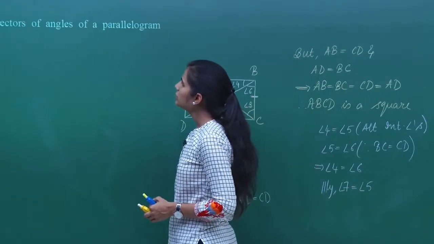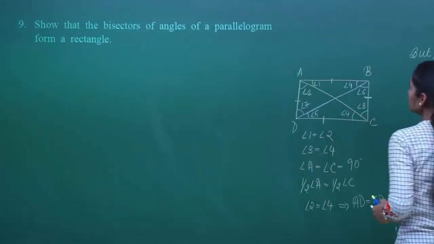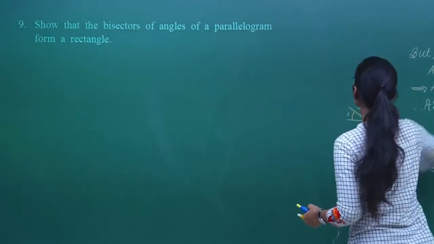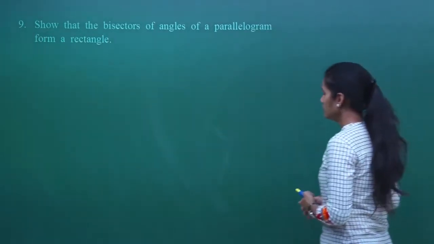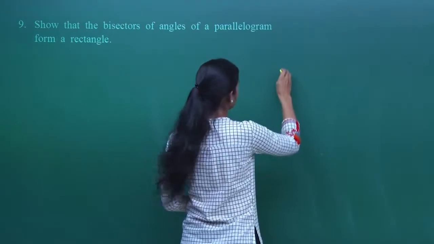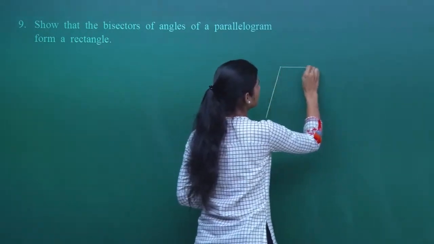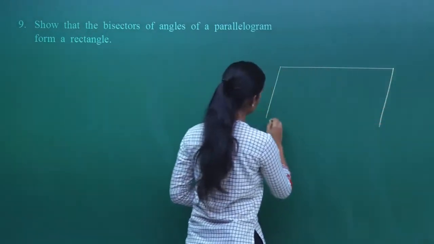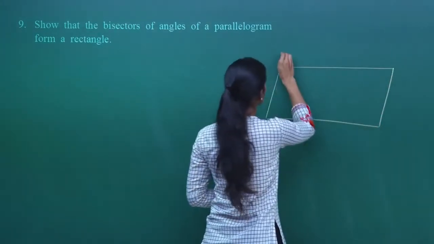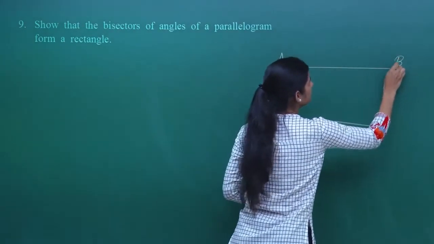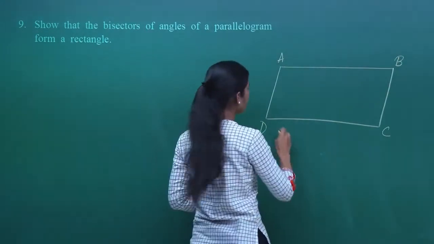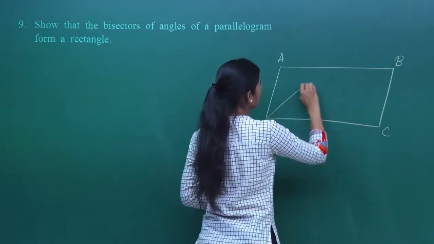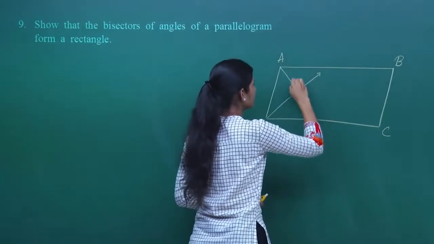Next I have, show that the bisectors of angles of a parallelogram form a rectangle. Let's see. I have a parallelogram ABCD. Bisectors of angles of a parallelogram. This is a bisector.